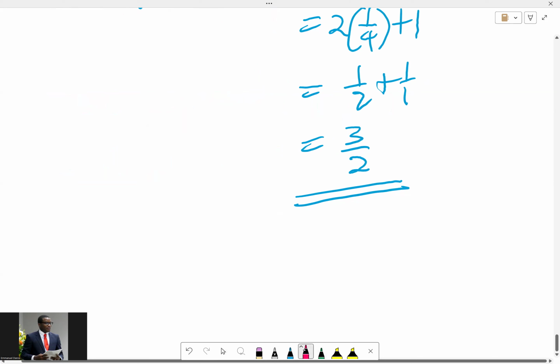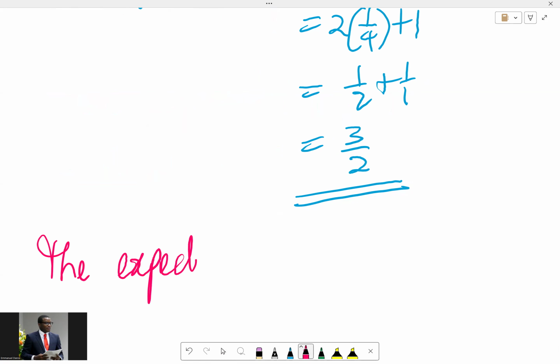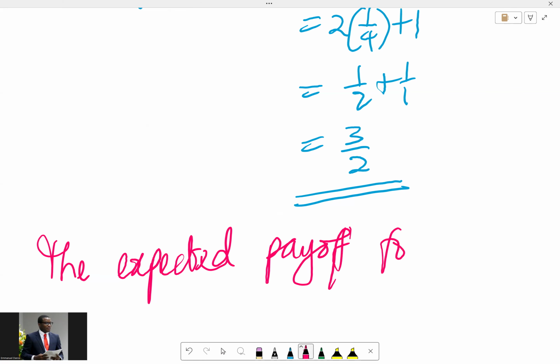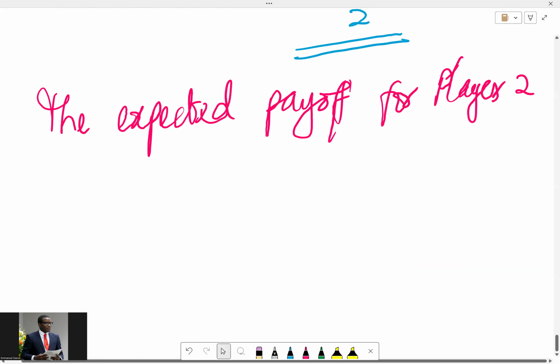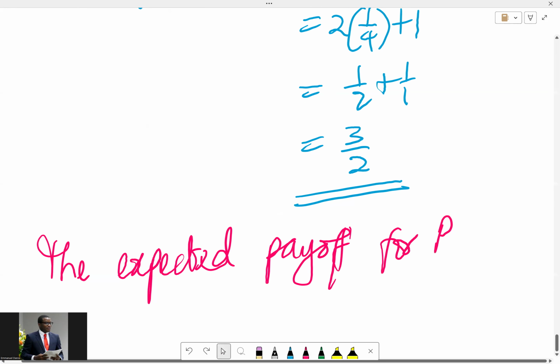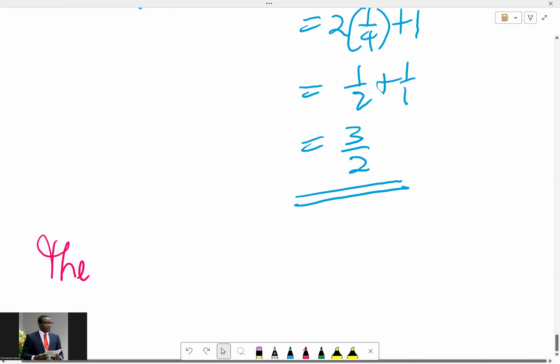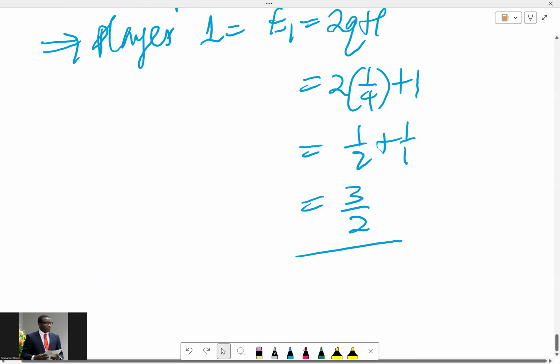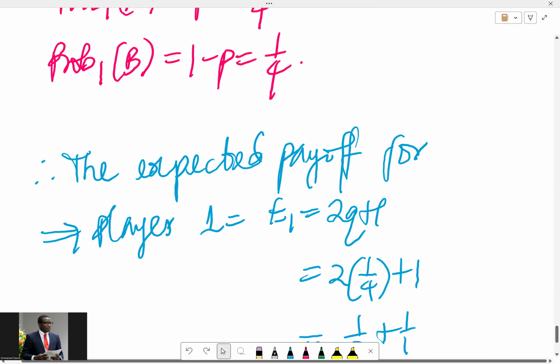Then the expected payoff for player two now. I don't have to do all the story because we are coming from somewhere. So the expected payoff for player one is 3/2.